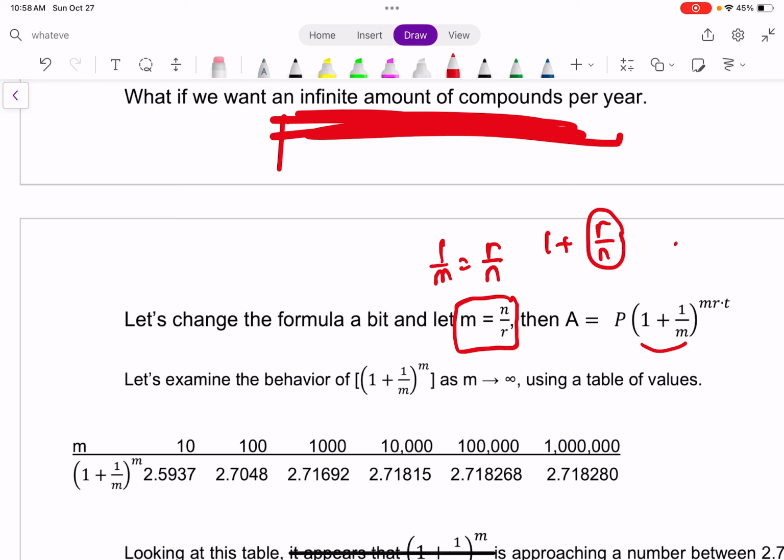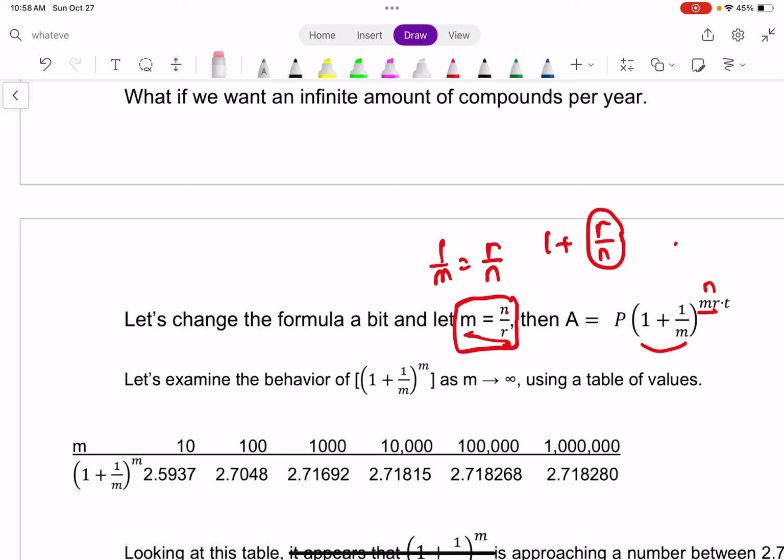If m is equal to n divided by r, if you cross multiply, the n from before is m times r. Okay, so again, don't worry about it, I'm just trying to show you where the formula comes from. I could just give you the formula and you don't have to worry. Again, none of these formulas have to be memorized. I just want to show you where it's coming from.